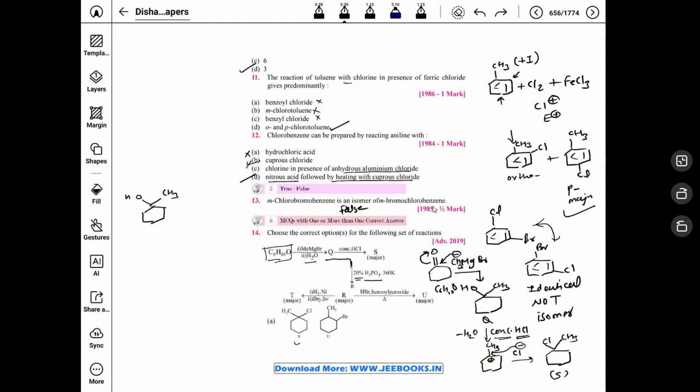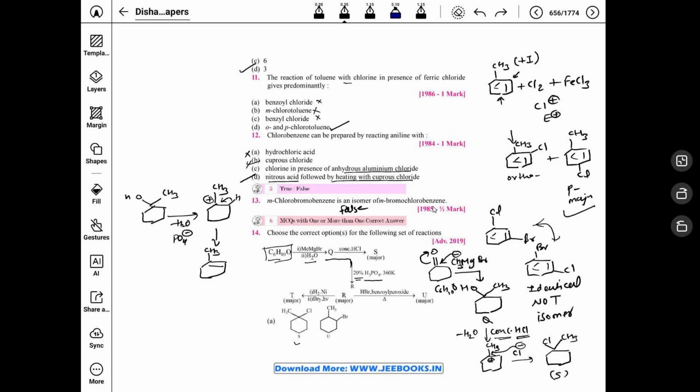So what is going to happen in this case, after removal of water, this gives the carbocation, and this carbocation will not get attacked by any nucleophile because PO4 is not a nucleophile. So what is going to happen? Elimination. So hydrogen from the beta position will go away and it will give more substituted alkene according to the Saytzeff rule.